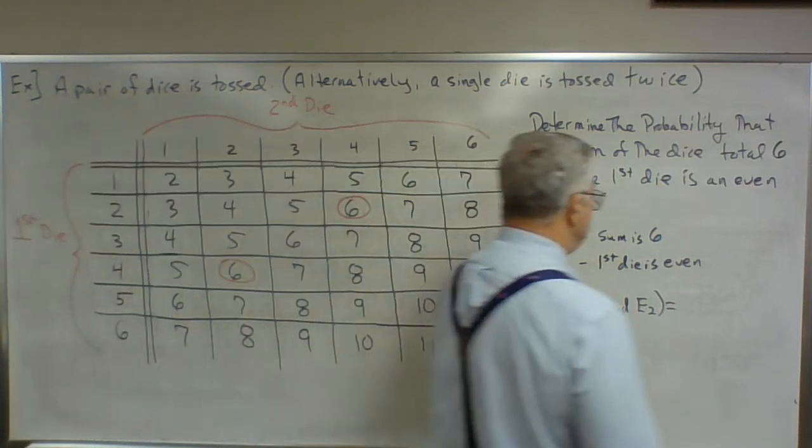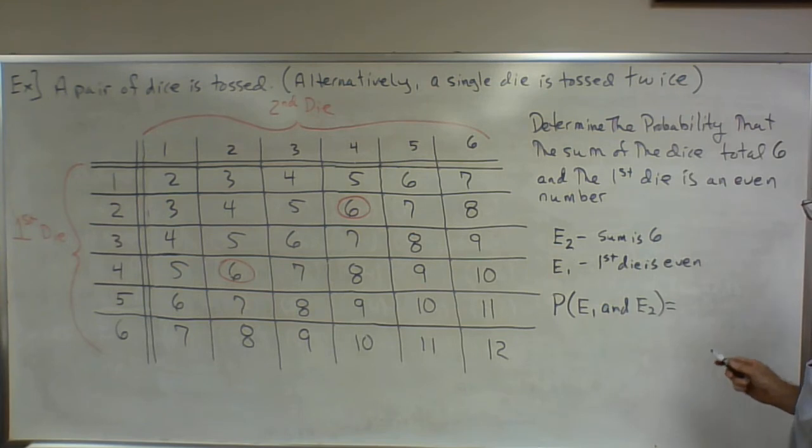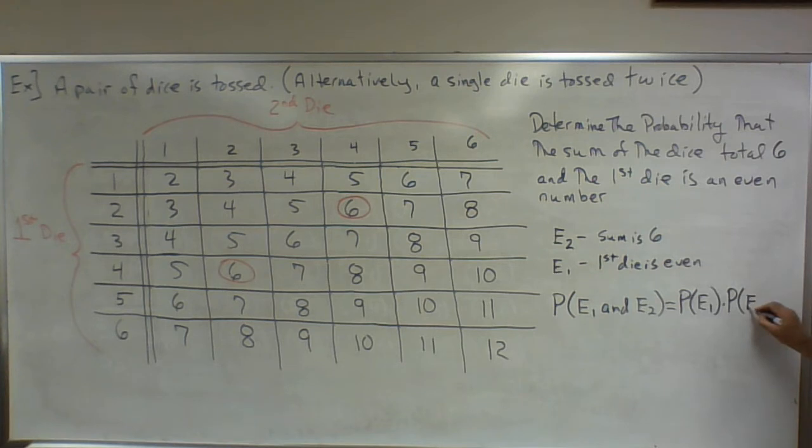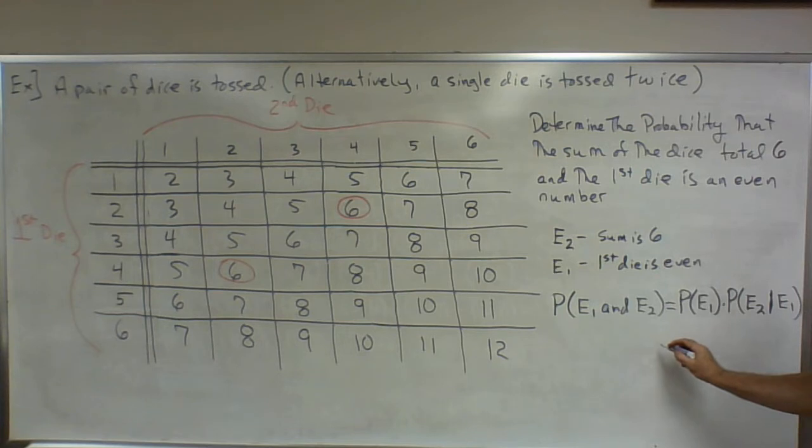So we'll use our conditional probability formula, which is the probability of E1 times the probability of E2 given E1, which we computed just before this.